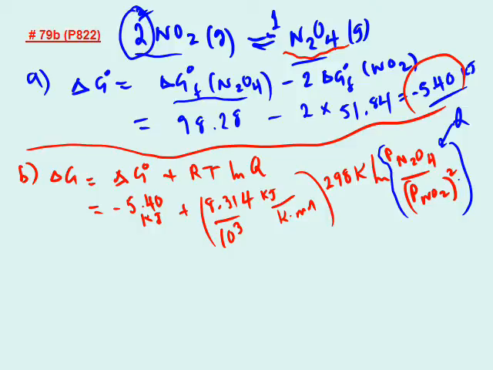Now, the values that go into N2O4 and NO2 are already given. So let me show those numbers.